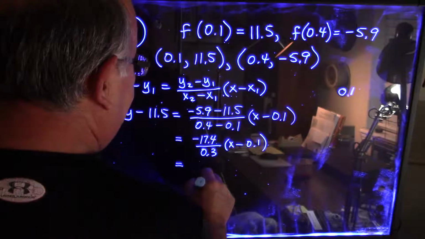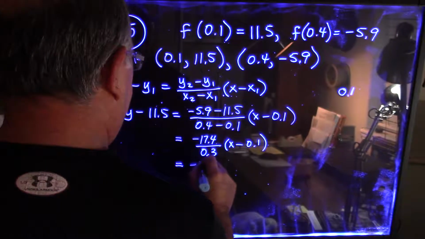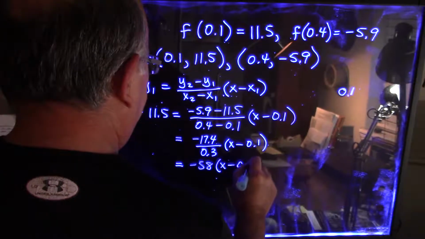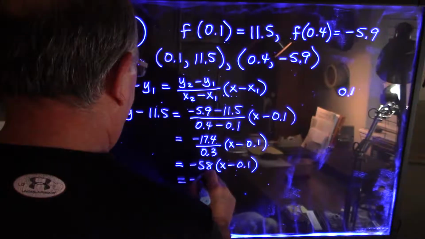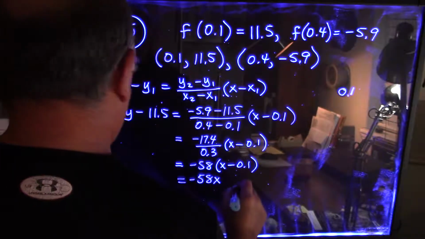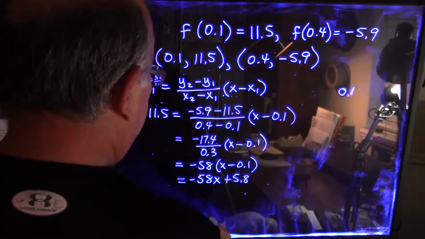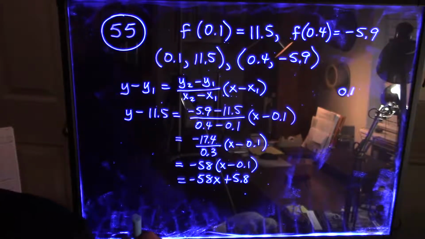Divide negative 17.4 by 0.3, you'll get negative 58 times x minus 0.1. So distribute that through, you get negative 58x plus 5.8. Negative times negative is positive, remember, so that's where the plus came from.